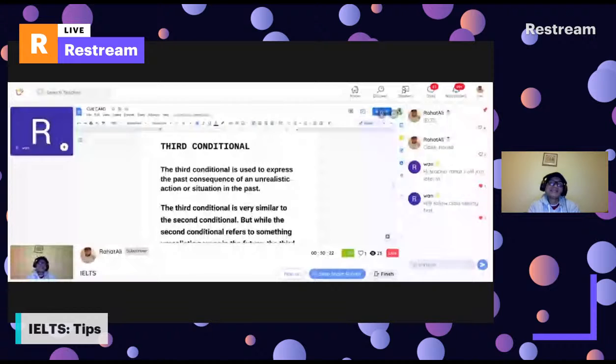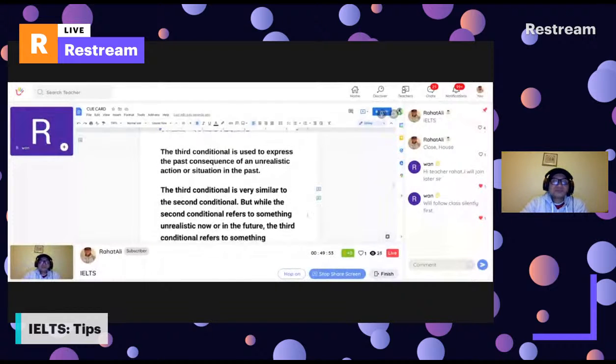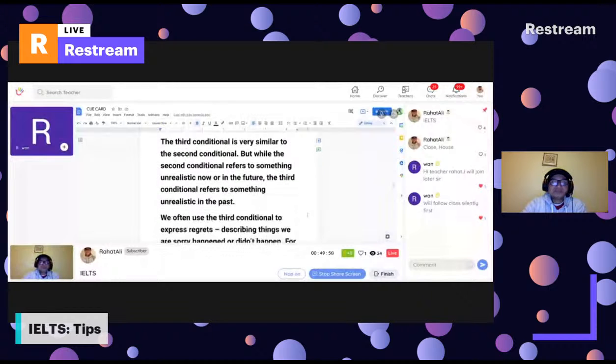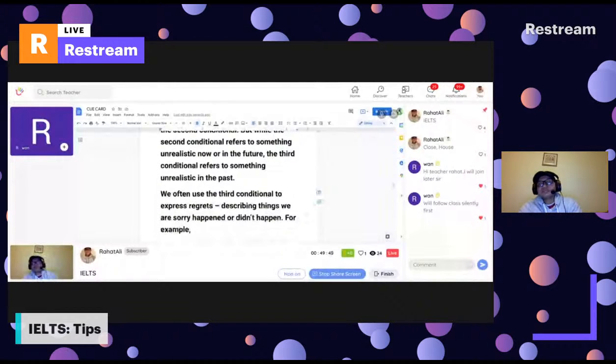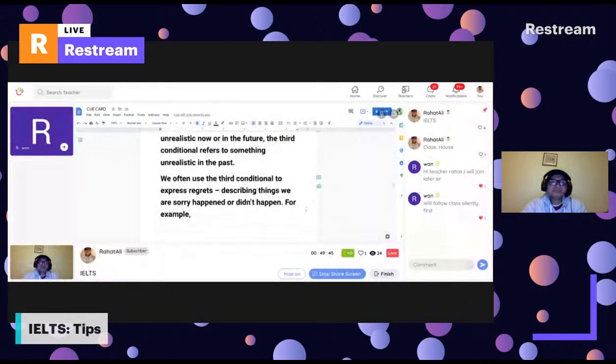So, the difference between the second and third conditional is that second conditional describes the possibility of present and future, whereas third conditional always expresses the past consequence of an unrealistic situation. Okay, that's the difference. Though they've got almost similar structure, they've got different kinds of grammar structure as well.